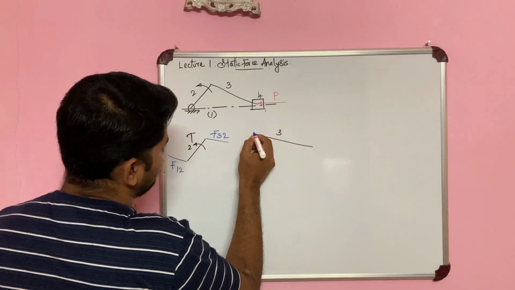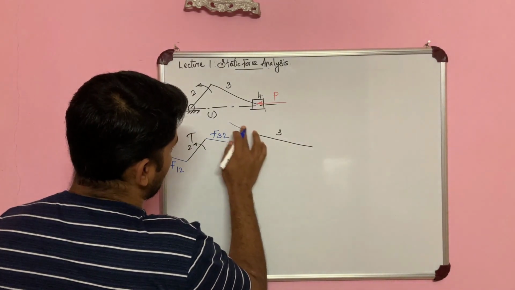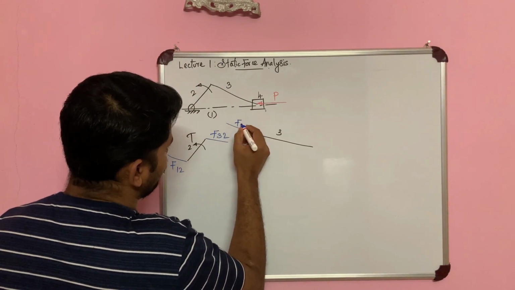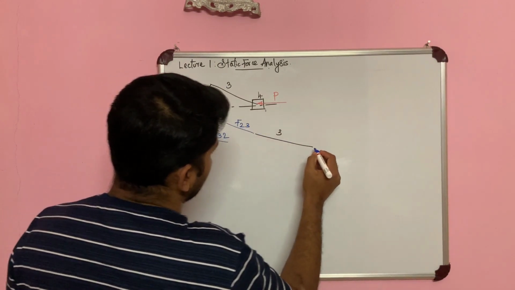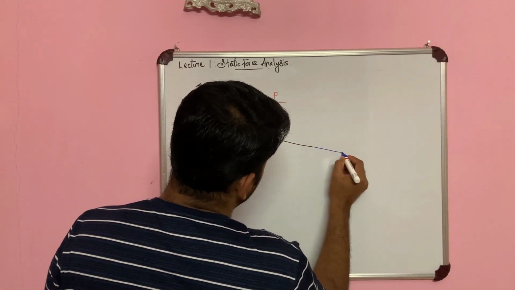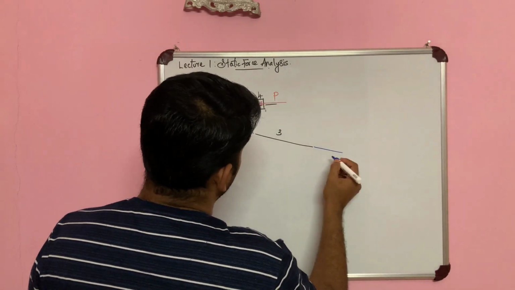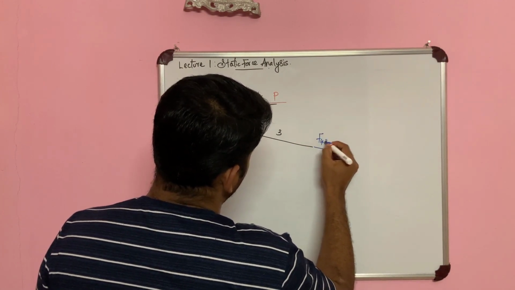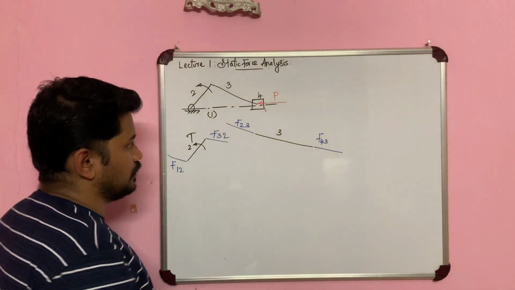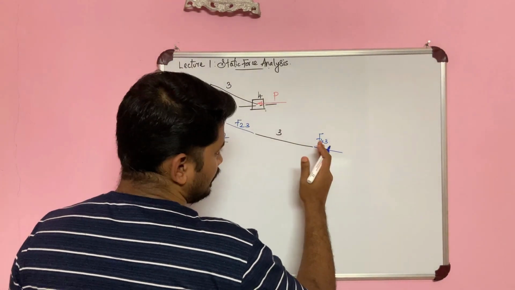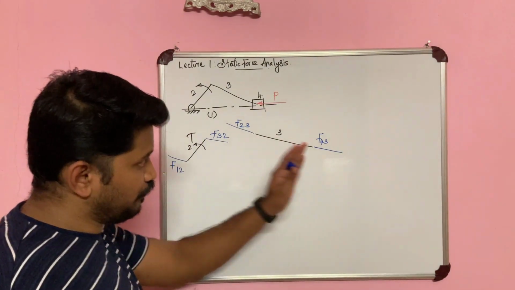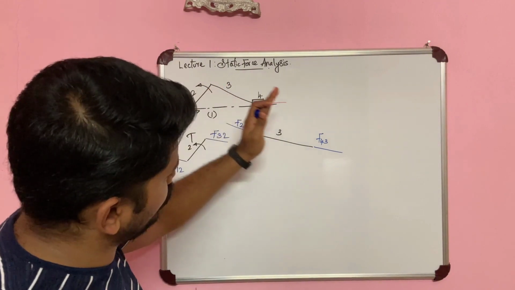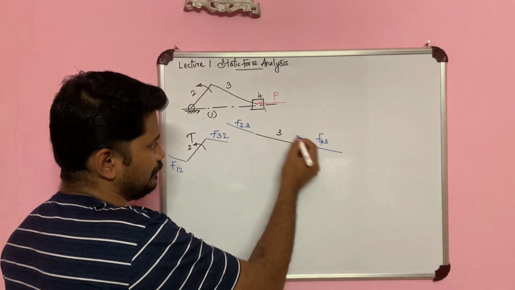So here I have F23 and this one will be F43. The force is being acted upon from 4 onto 3 as well as from 2 onto 3. So 3 always comes second.